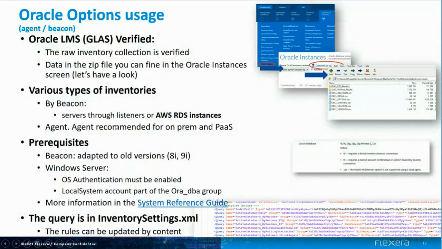This is a slide that you had in the previous month, in the October best practice presentation. The beacon or the agents are collecting Oracle option usage, but here this is a totally different topic. In the inventory settings XML, you get some big SQL queries, which are encrypted, which every time will catch instance per instance, table by table, and this can be super complicated.